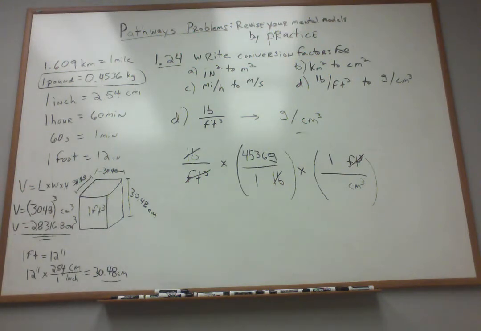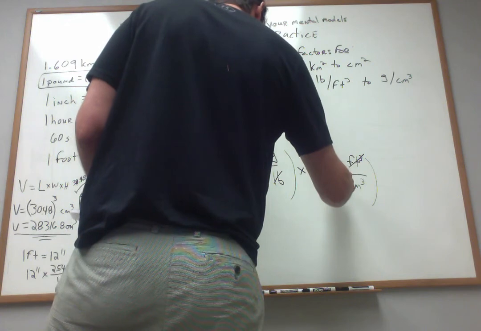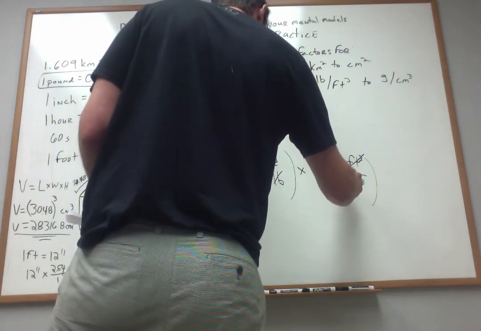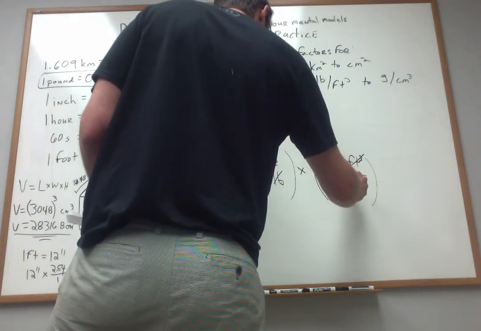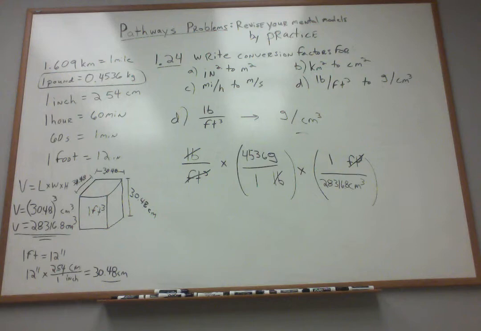28,316.8. That is how many cubic centimeters are present within a 1 cubic foot cube, right? So 1 cubic foot then can be said to be physically equivalent to 28,316.8 cubic centimeters.